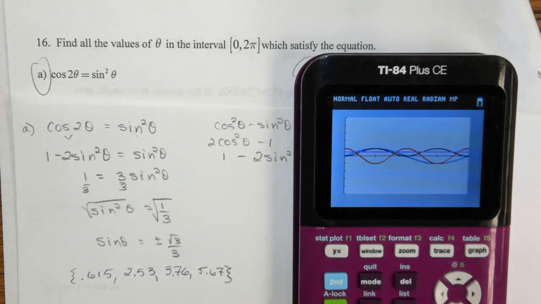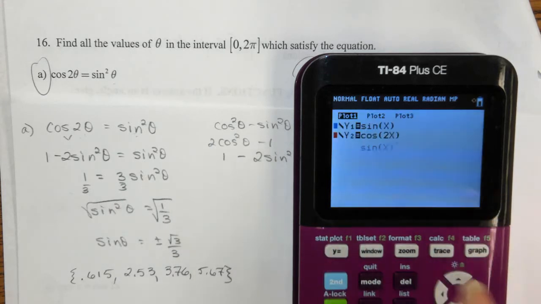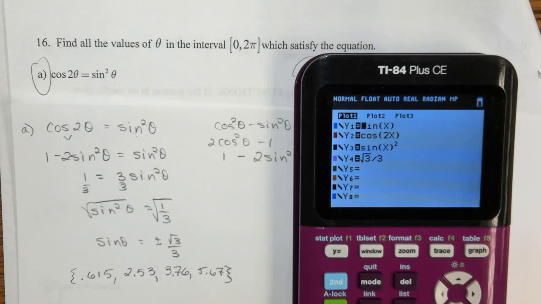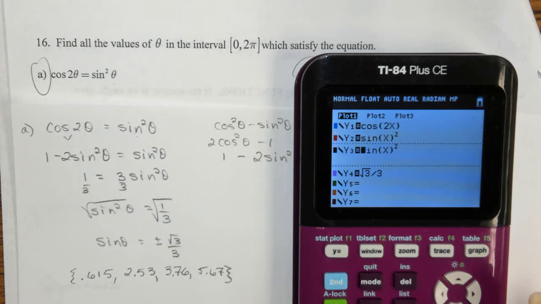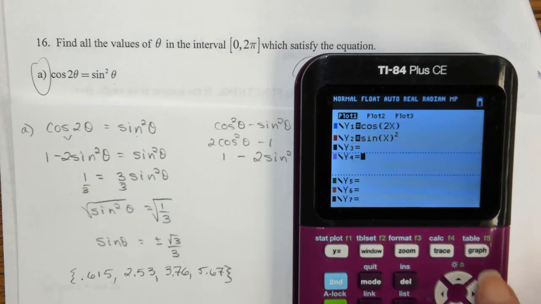Alright, so what we're looking for is to make sure that we've got all the same intersection points here, and maybe I did this in too jumbled a way. So let's go back in and get rid of some of this stuff. Let's bring the cosine 2x up here, and let's bring the sine squared x out here, and then get rid of this stuff and just graph it.